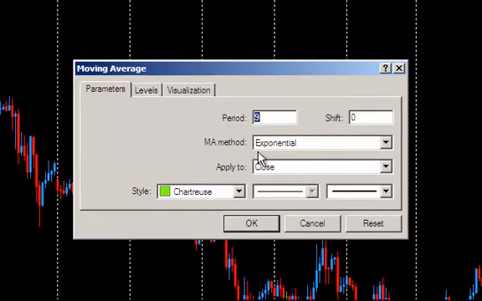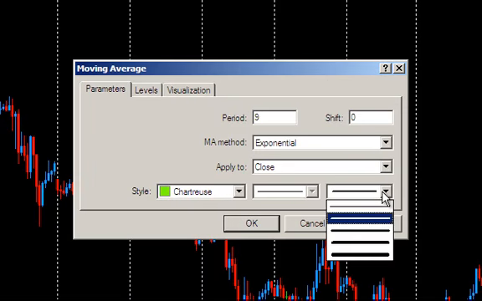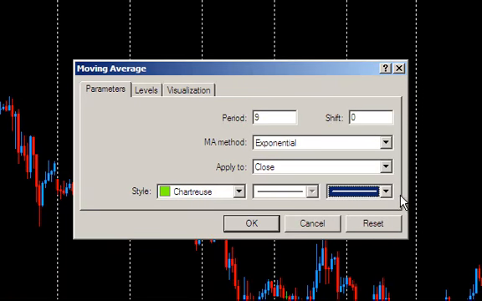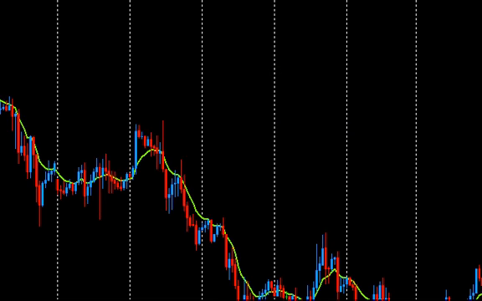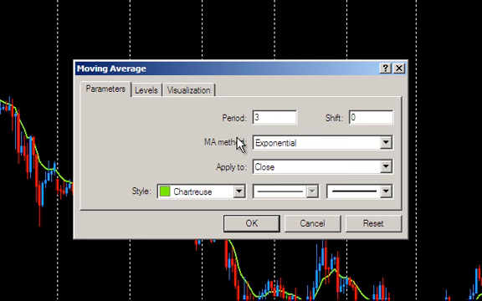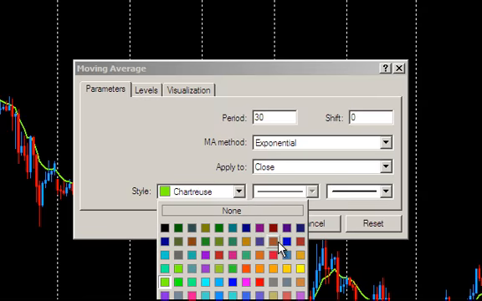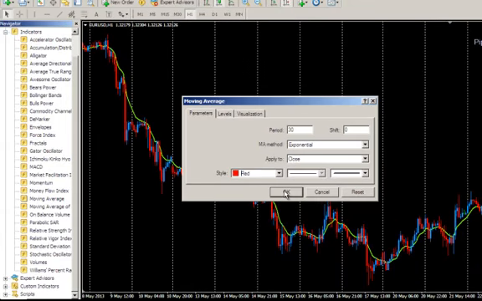As I said, we will choose the exponential and leave the other criteria as they apply to close, and we better make it bold to be clearer to us in usage. We will add the 9 exponential moving average. Let's make it green, to be standardized, and we will add as well the 30 exponential moving average, and we'll choose for it the red color.